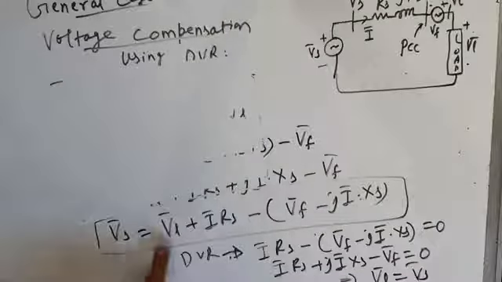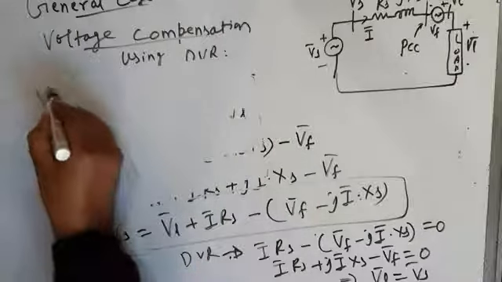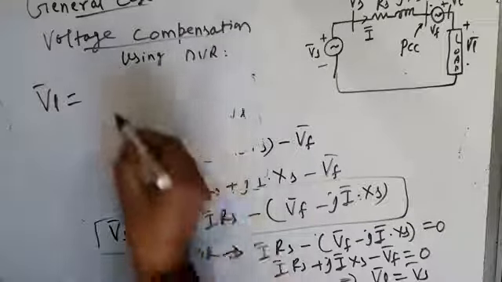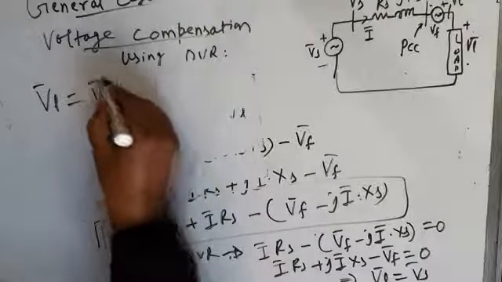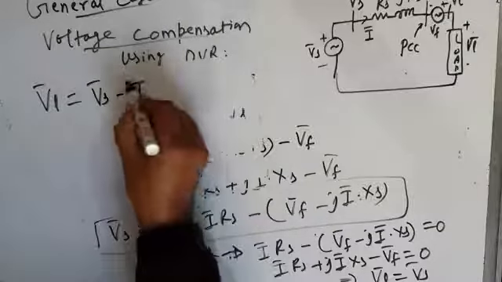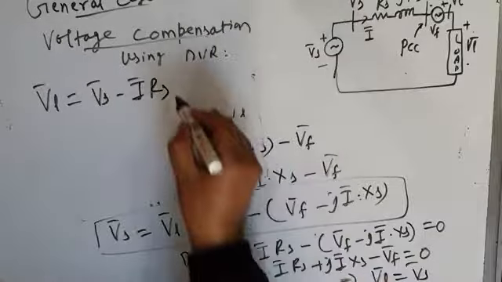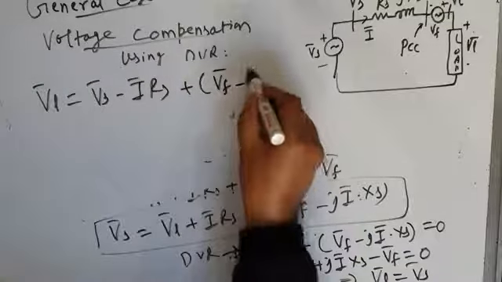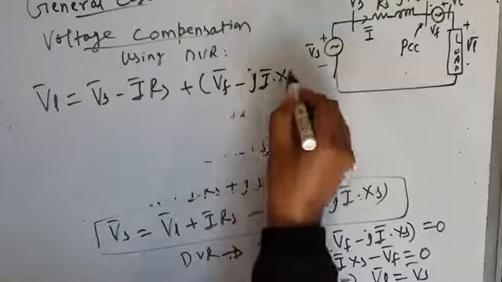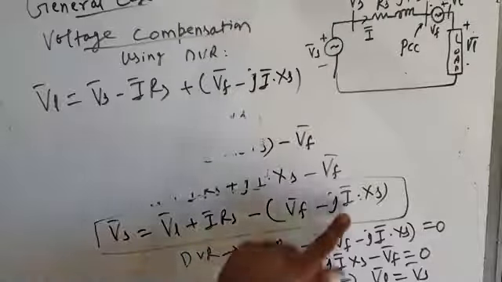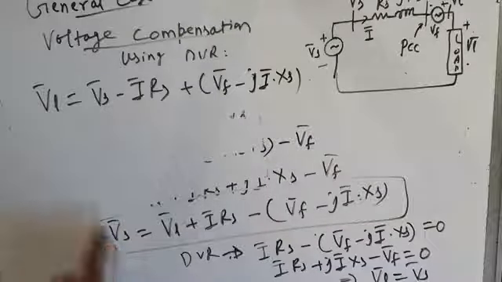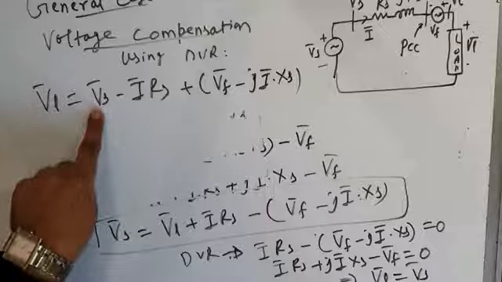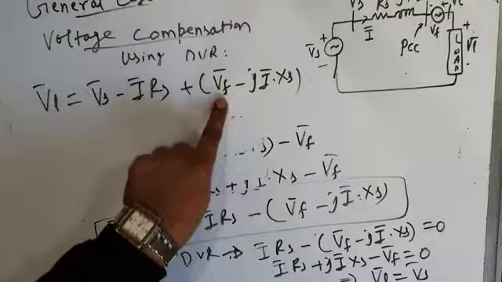Okay. From this equation, we can write load voltage VL is equal to Vs minus I into Rs plus Vf minus jI into Xs. This is from this equation, the equation I have written here. This is Vs, and VL will be source voltage minus this drop plus this.